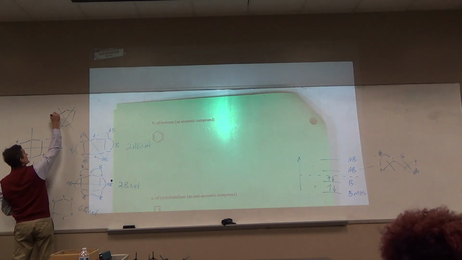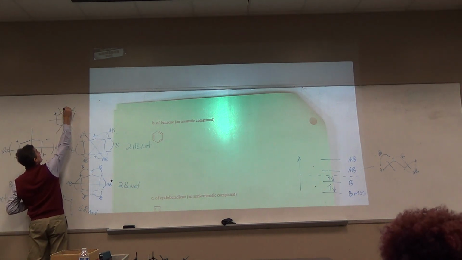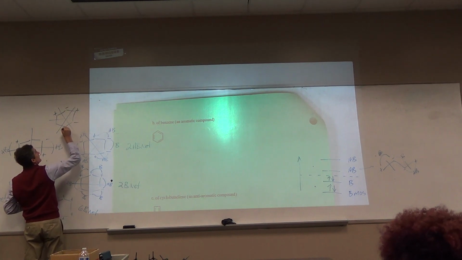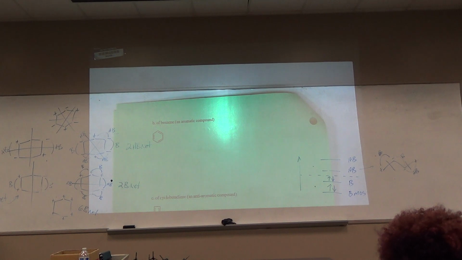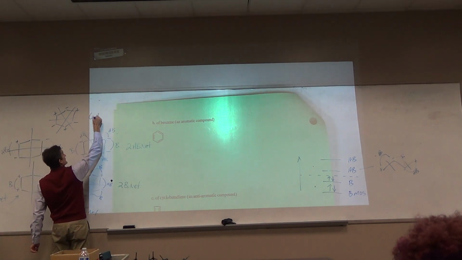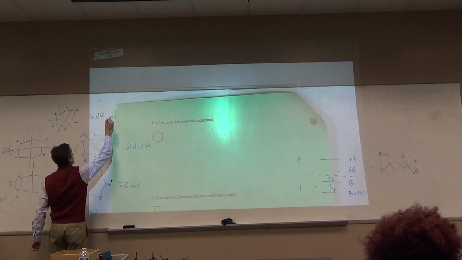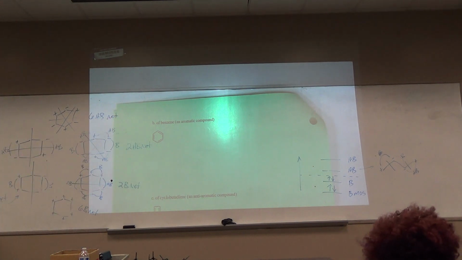And if this is plus, what is this? Minus. And what's the net here? 6 anti-bonding. This is the worst way you could do it. All 6, none of them were constructively overlapping. 6 anti-bonding net. That's the worst. Highest in energy.